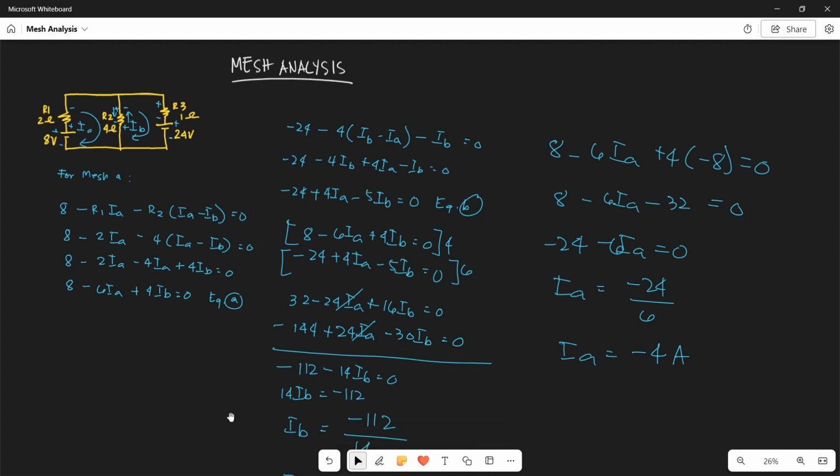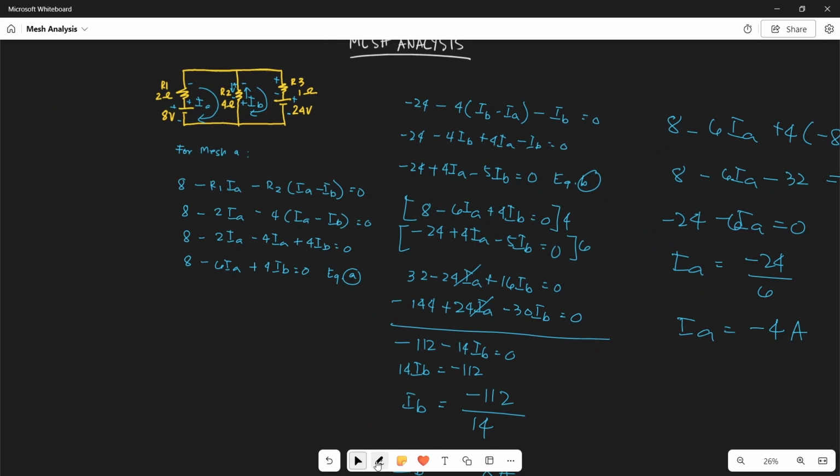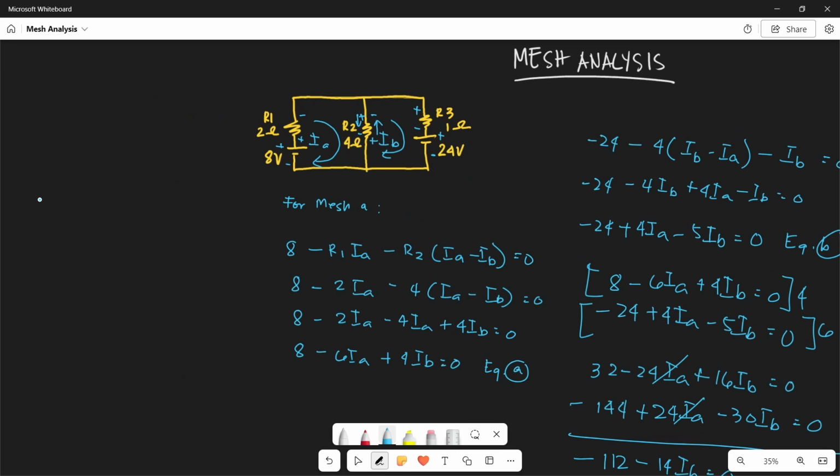So next, we're going to get the currents for each of the resistors. So therefore, if we're going to find the currents through each resistor, the current through R1, let's say IR1, will be equal to current IA in the opposite direction.